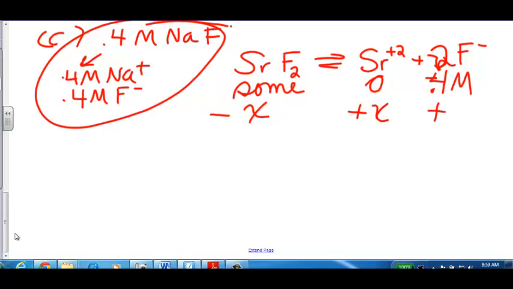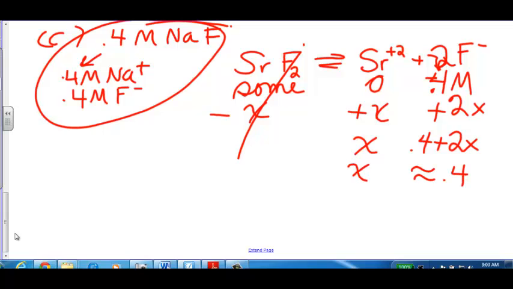This, though, will go up by 2x, because this change line is coming from the dissociation of the salt. So x, and 0.4 plus 2x. K is still really small, right? So I'm going to assume the 2x to be negligible here. So this is going to be x, and this is going to be about 0.4.